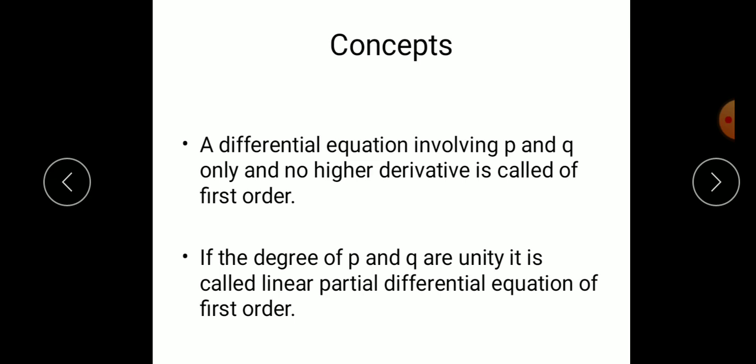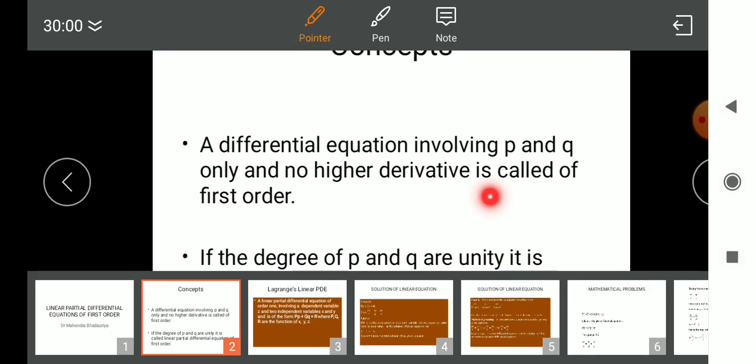So students, a differential equation which involves p and q and no higher derivative is called first order. Okay, so if the degree of p and q are unity, then it is called linear partial differential equation of first order.